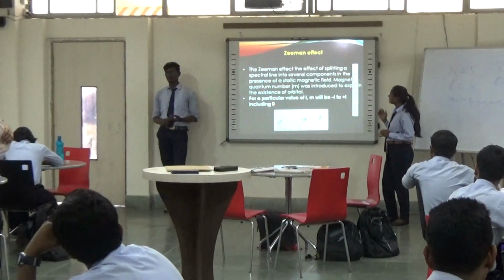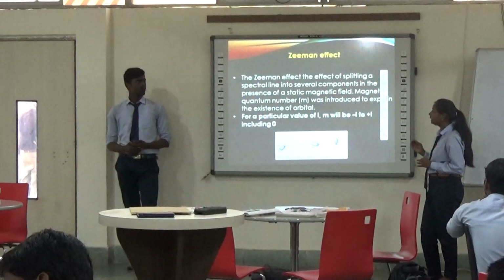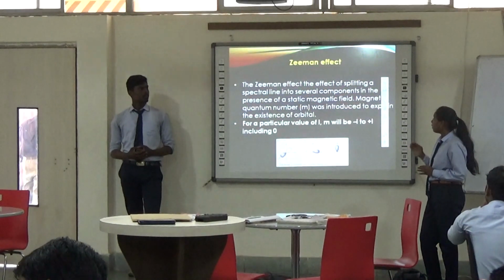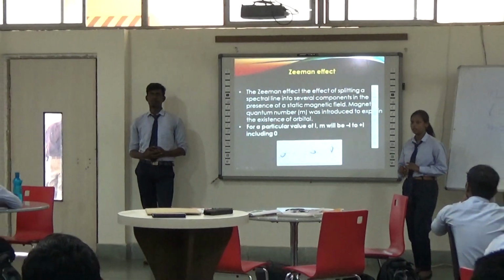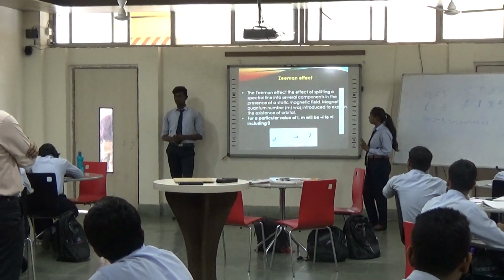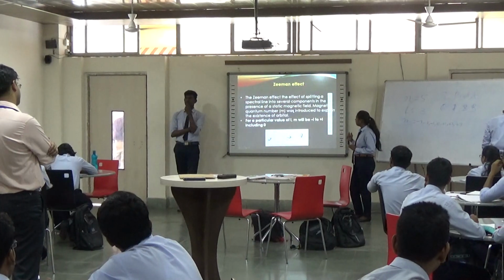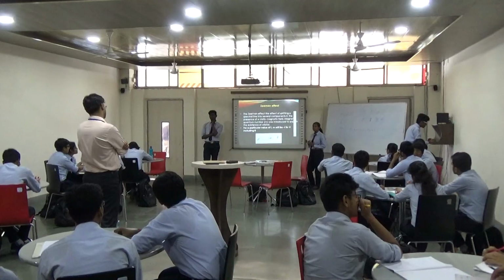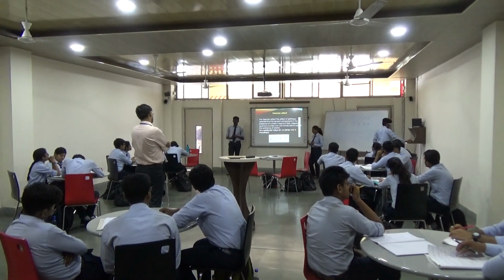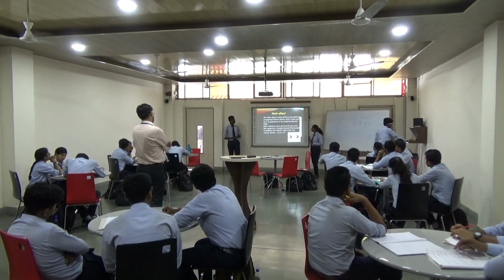Now there comes Zeeman effect. It is the effect of splitting a spectral line into several components in the presence of a static magnetic field. Zeeman also introduced the concept of magnetic quantum number denoted by m, and it ranges from -l to +l. Now there comes the Stark effect.